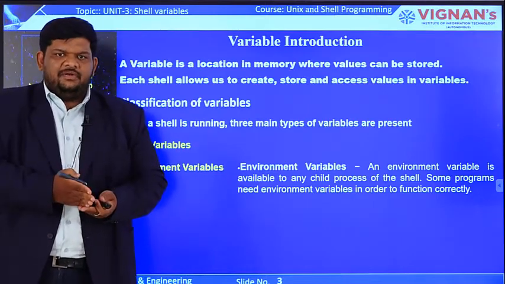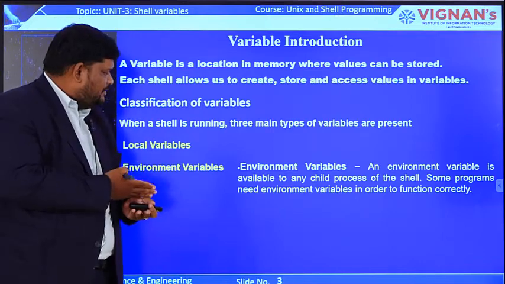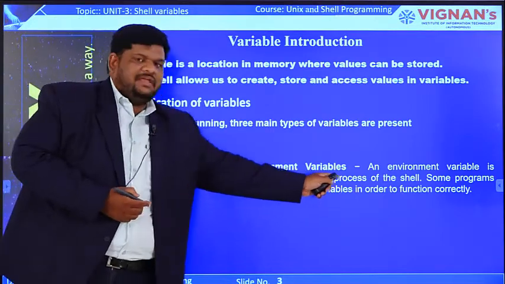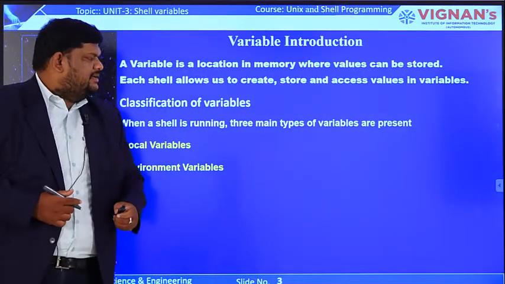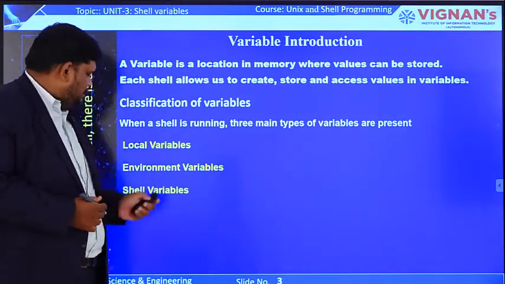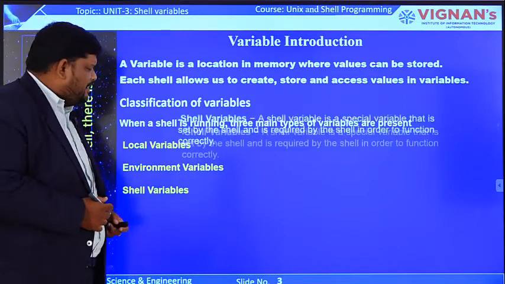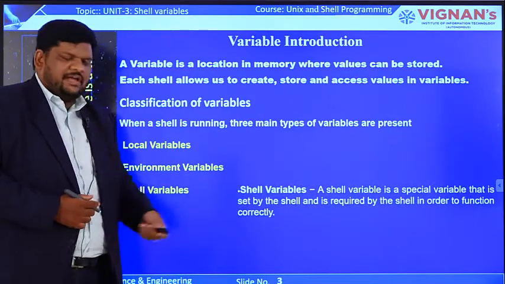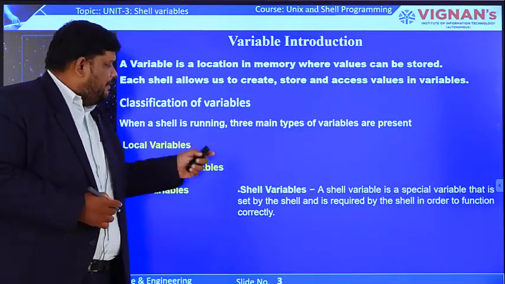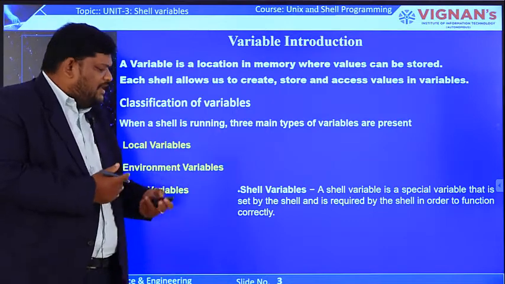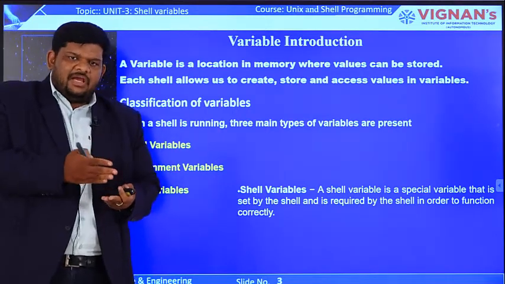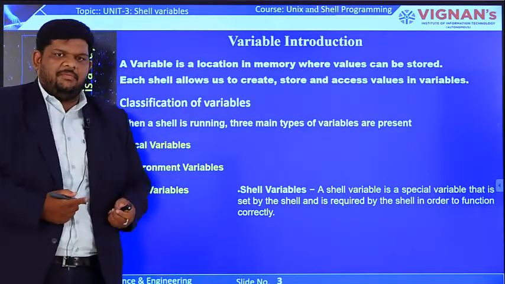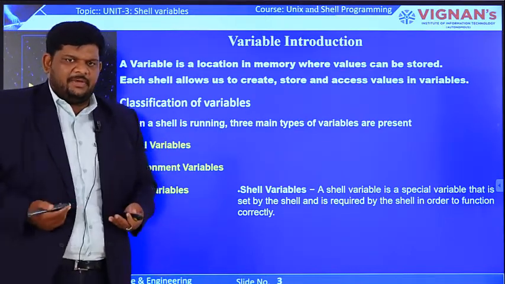The third category is shell variables. Shell variables are also called special kinds of variables, and we can use them to make things run smoothly. A shell variable may be a local variable or an environmental variable. Let us see them one by one.